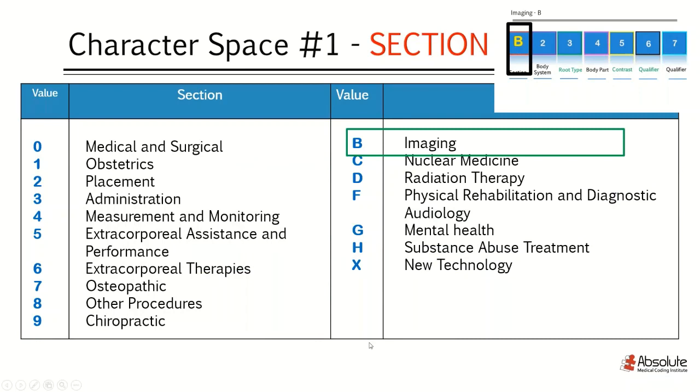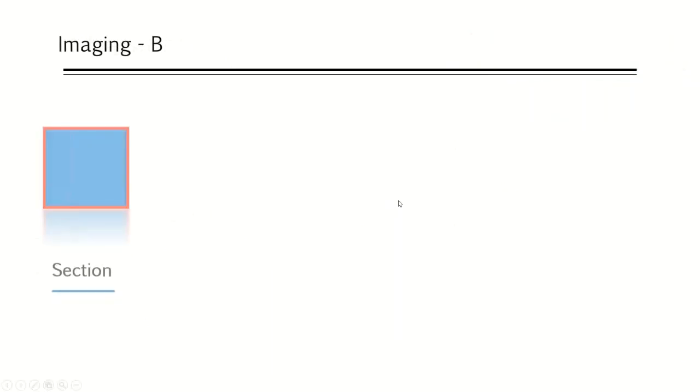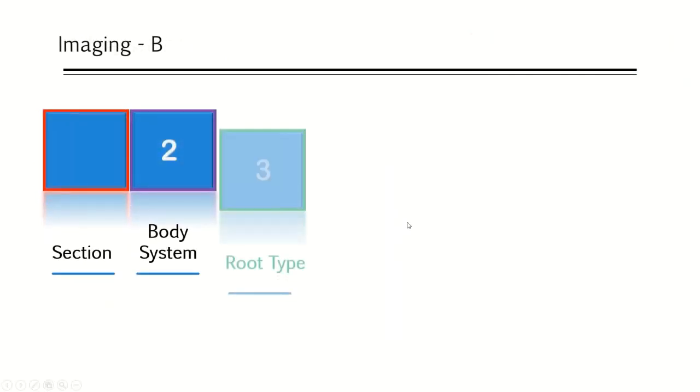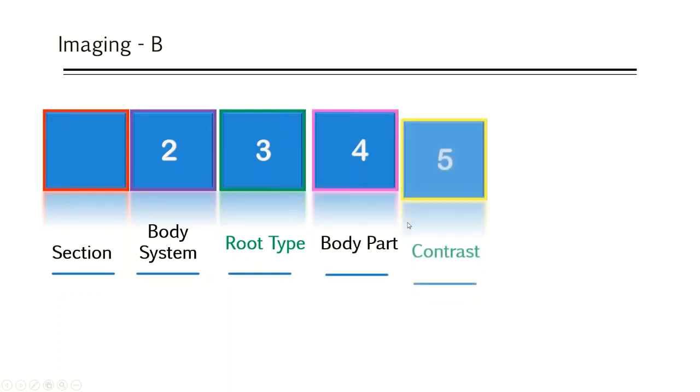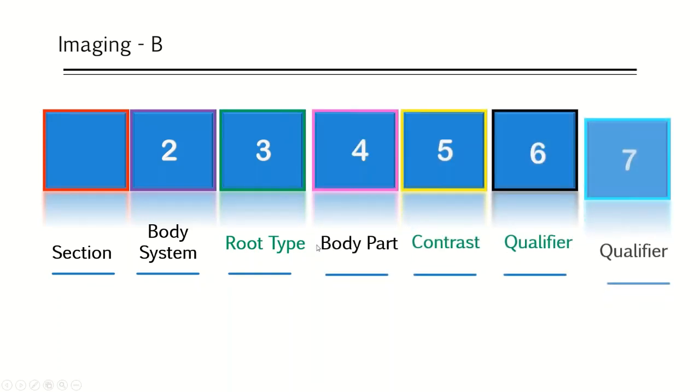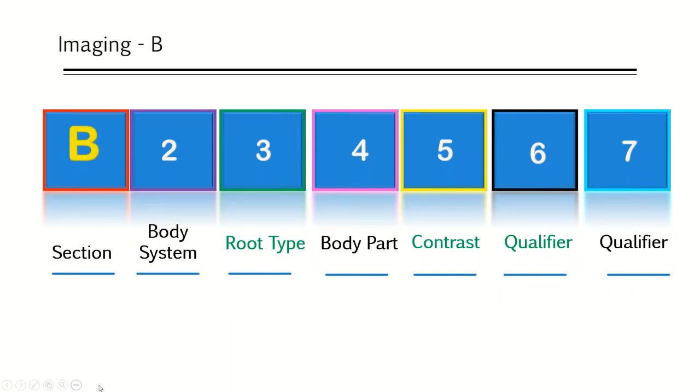Now let's get started with our first section, which is imaging, and that will be B. Let's take a look at the PCS code for imaging procedures. We know the first character shall be a B. The second is your body system.